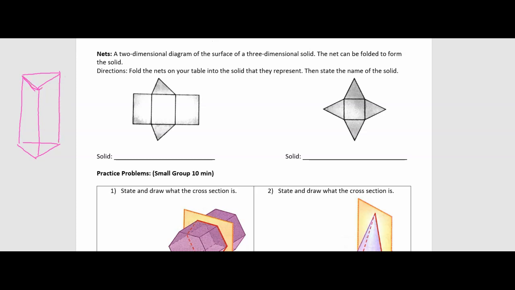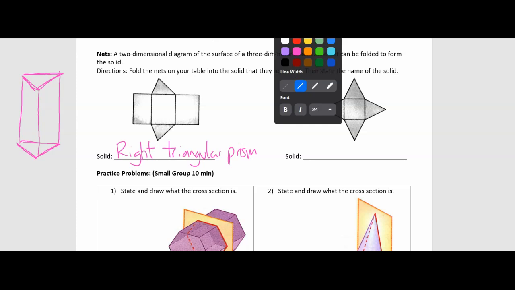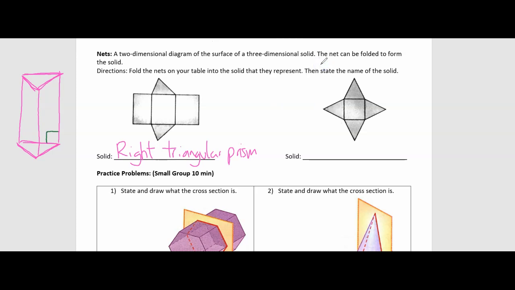Again, the faces are rectangles, the bases are triangles, and this is a right triangular prism. If you said triangular prism, that's close, but I think it's clear that there would be right angles between the faces and the base, which means we can throw the word right in front of it.